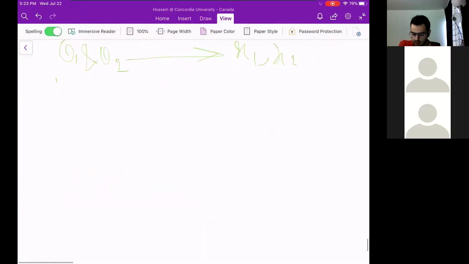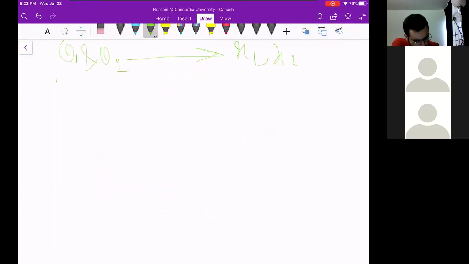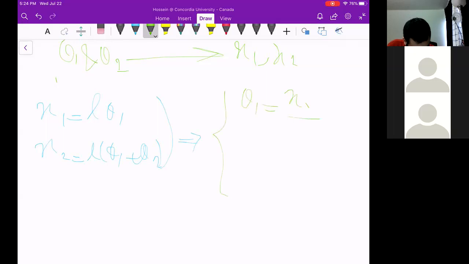As I wrote there, x1 is L theta 1, x2 is L times theta 1 plus theta 2. Therefore, theta 1 is x1 over L, and theta 2 is x2 minus x1 over L.